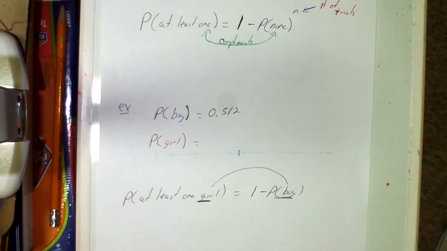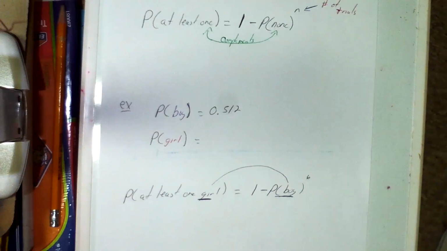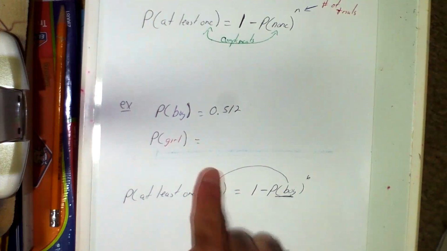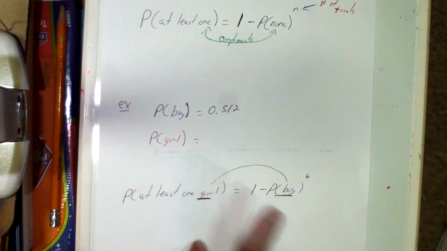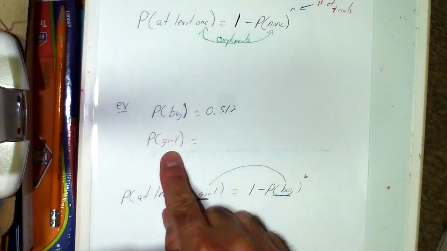Someone's saying it is 6. You are correct. 6 is the number of trials, so we're going to raise the probability of boy to the 6th power. Because it's asking for boy, we don't have to find the other one, but let's do it anyway.